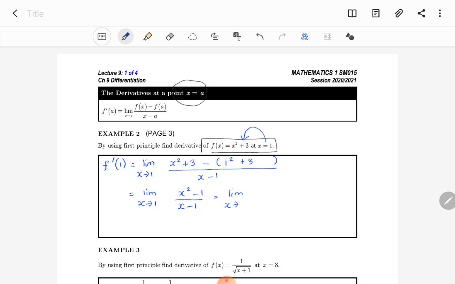So the limit as x approaches 1, x² minus 1 can be factorized as (x + 1)(x minus 1) and divide by x minus 1. And the function becomes x + 1 only. Okay, as the final step, we substitute 1 inside, so we will get 1 + 1 equals 2.